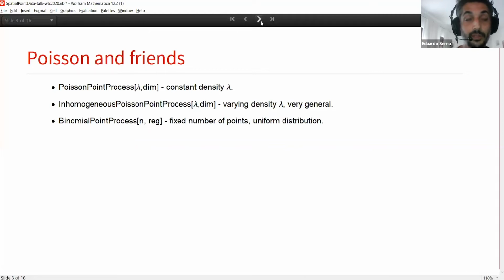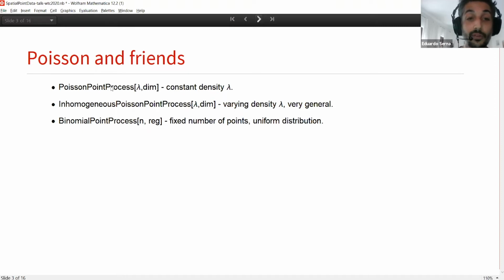For the Poisson family of processes, we have three processes implemented. The Poisson point process is the simplest one, a canonical one. We have a constant point density. All of these processes generate a collection of points where the number might not be fixed.